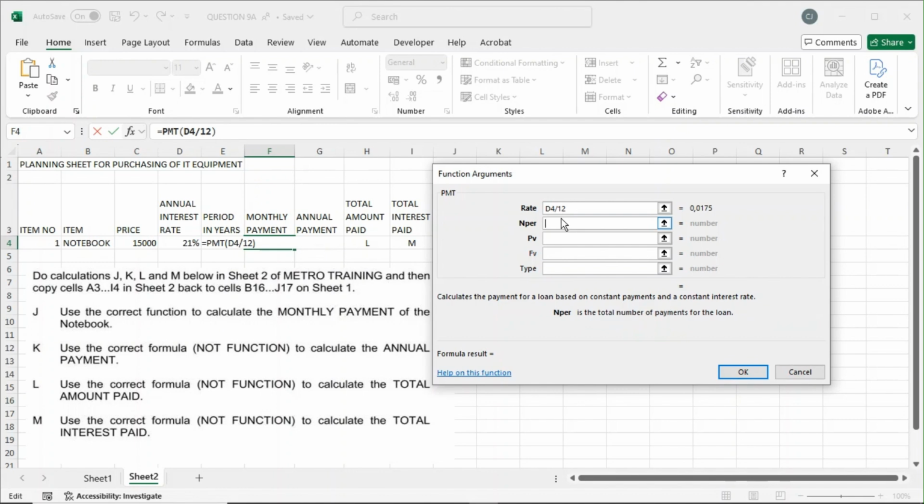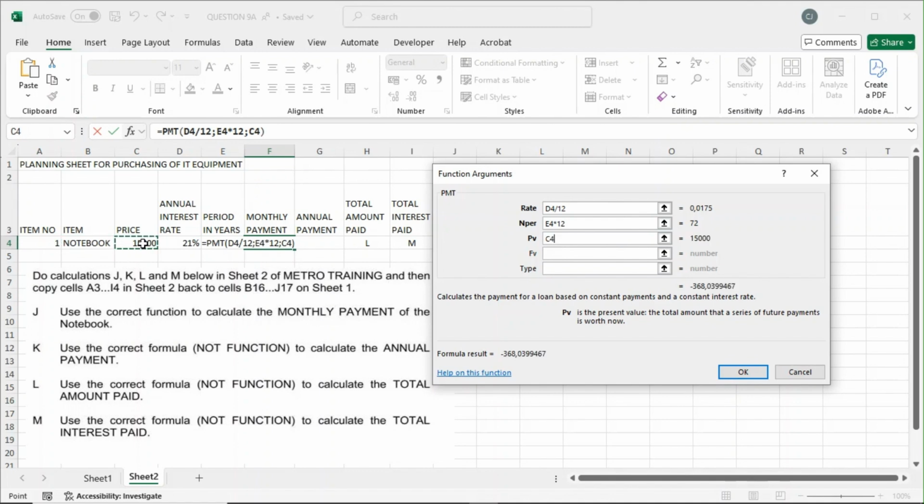And then we're going to look for the period. The period is 6 years. Now we need to multiply this by 12 because we want the total months that we are going to pay. And lastly, the present value, which is the price.